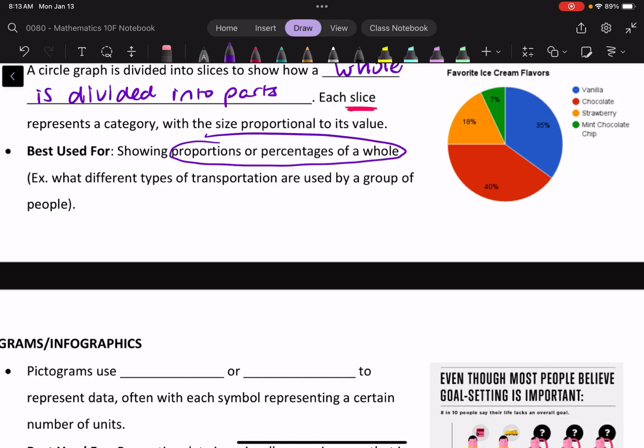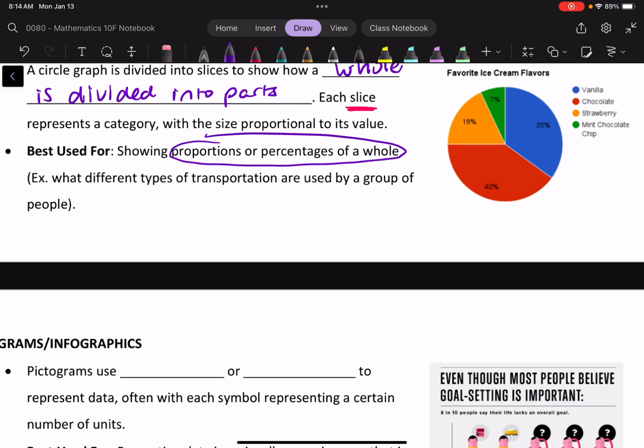And I survey every single student in the school. I do a census and I go, okay, this percentage of students bike, this percentage of students drive, this percent of students walk, this percent of students take the bus, this percent of students do something else, like rollerblade or skateboard or whatever.